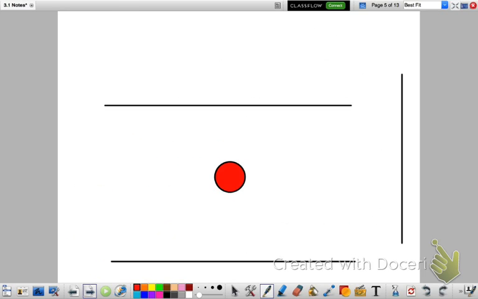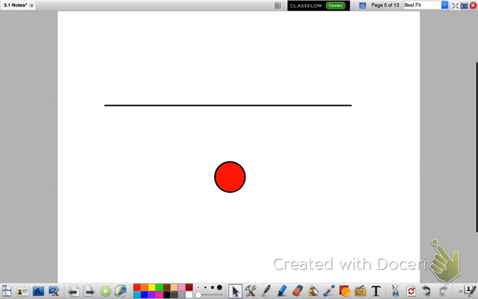On to the next one. So, I want you to give it a shot. Okay, we have a line and a point. I want you to try to draw a line that is parallel to the line that I have drawn for you and goes through our point.